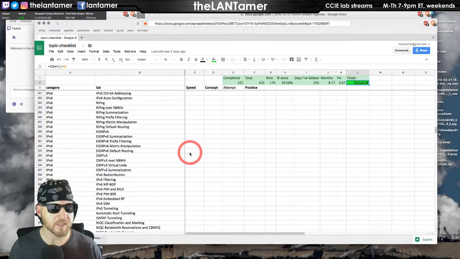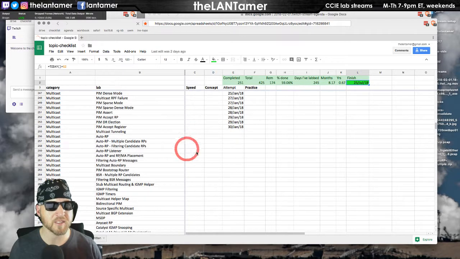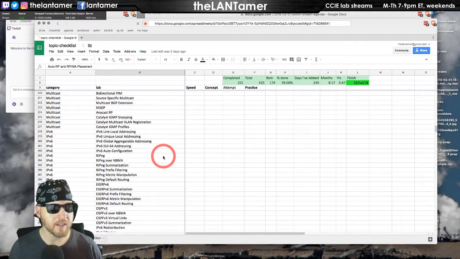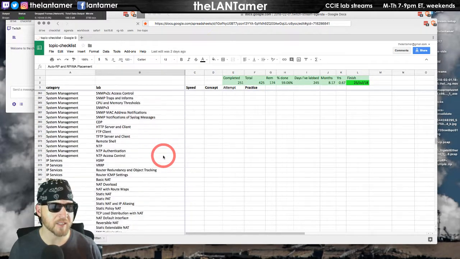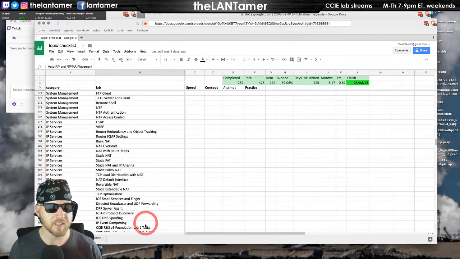Quite a few, actually. So I've got IPv6. I'm in the middle of multicast. I've made some good progress on that. Watched videos up to here, about halfway. I've got IPv6, QoS, security, system management, IP services, and then some foundation labs.